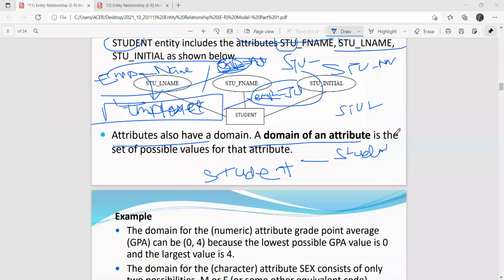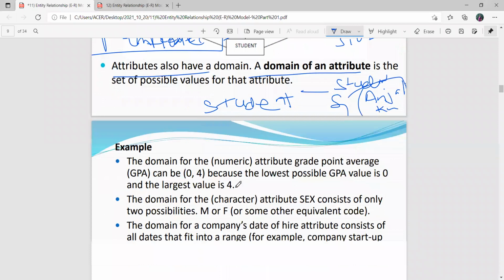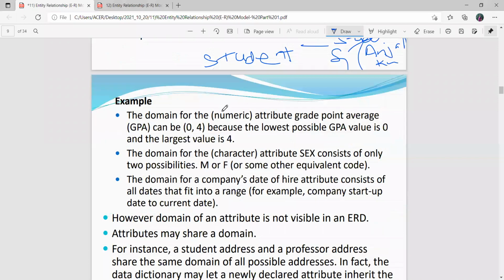Likewise, this attribute has a domain. The domain describes the set of possible values for that attribute. GPA is one attribute of the student entity.